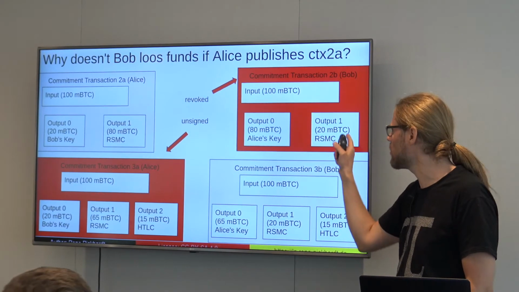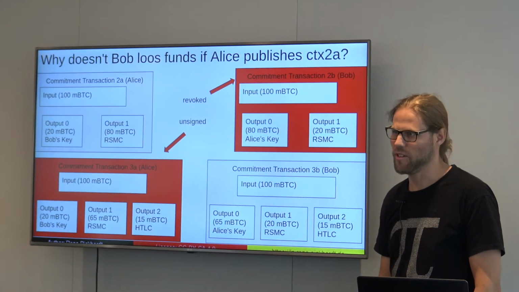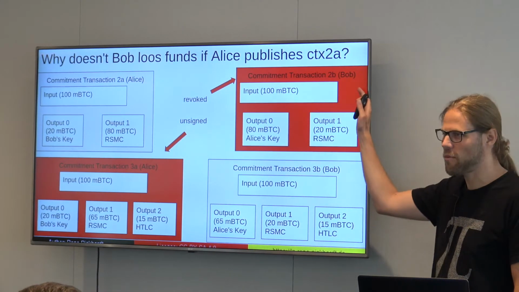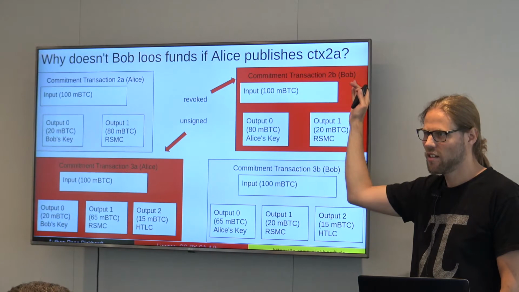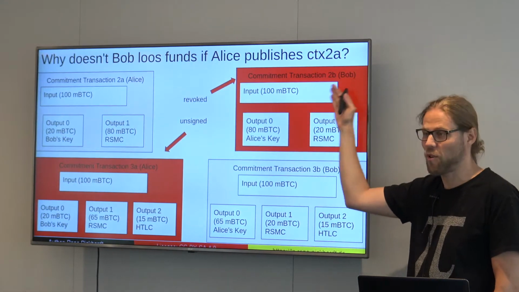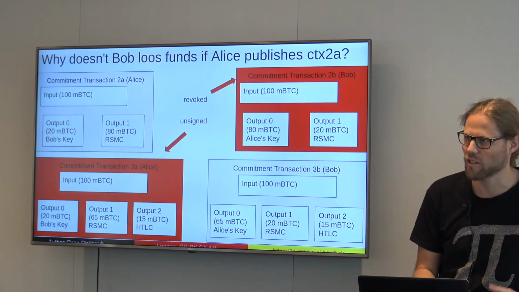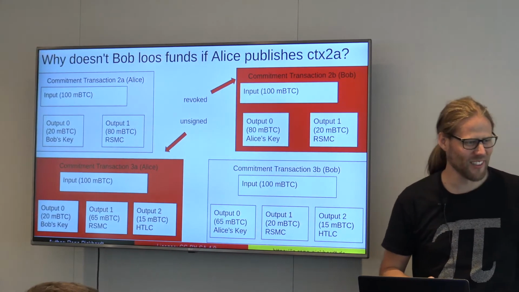Only if Bob publishes it, she can use the revocation key to take it. Yeah, that's the point. Only if Bob publishes it, because Bob has a really fully signed transaction. Then she says, yeah, okay, the Bitcoin network obviously accepts it. But then she says, hey, I can claim this output. This is really how it's working.